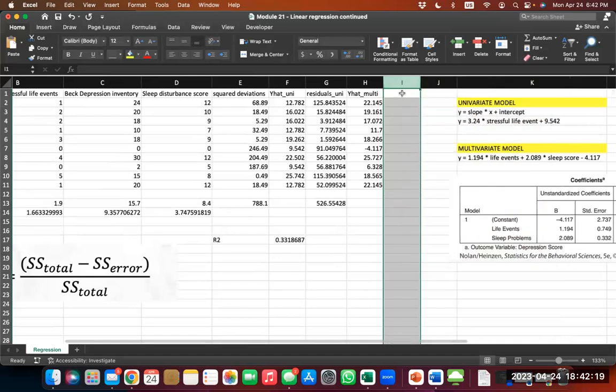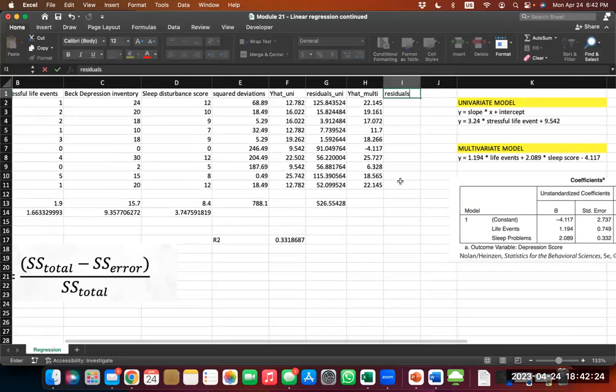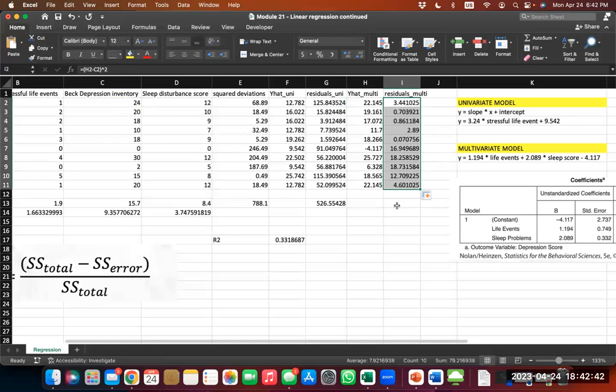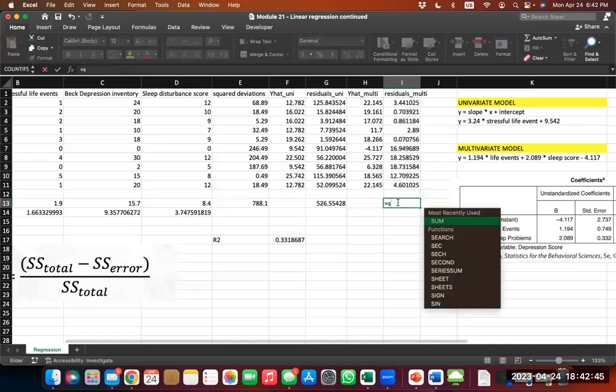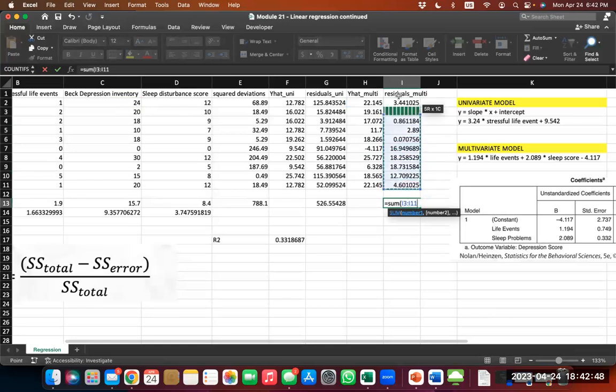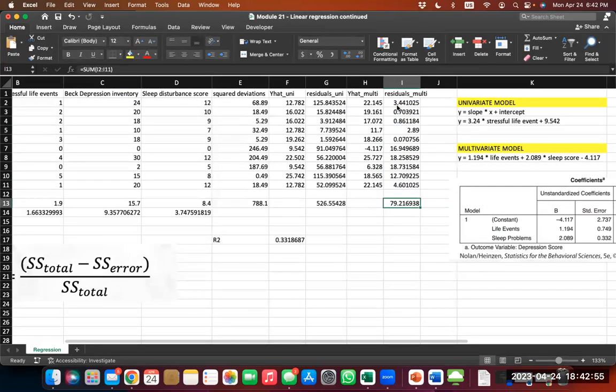We do that by calculating the residuals again. So we have residuals multi. This is the predicted multivariable value minus the actual Beck Depression Inventory score, squared. Repeated for all individuals, and then the sum of all these residuals. Now we see this is substantially smaller.